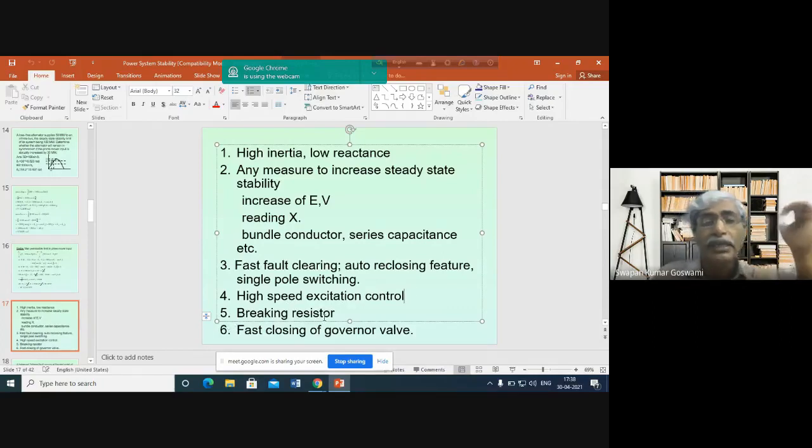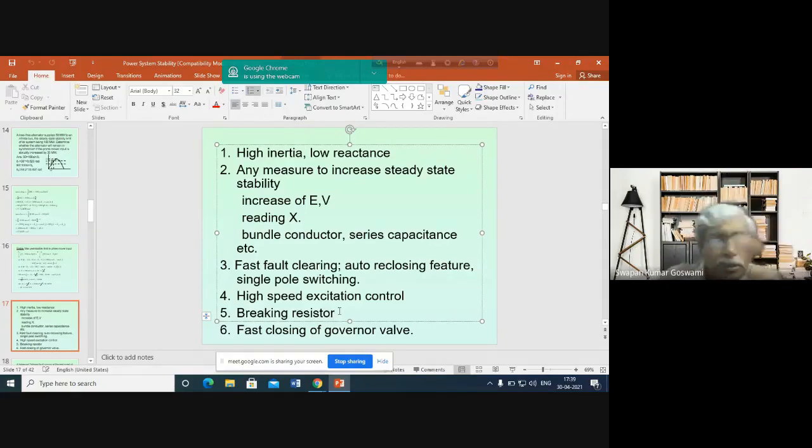Then there is the braking resistor. Actually, this spelling is not correct. It is a brake. We are using brake. Okay, so braking resistors are basically resistors connected at the terminal of the generator. They act actually as a dummy load. So whenever there is an acceleration of the generator because of the occurrence of some fault, this resistor should be connected or switched on at the terminal of the generator.